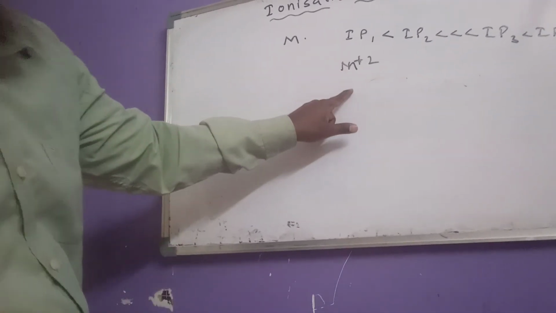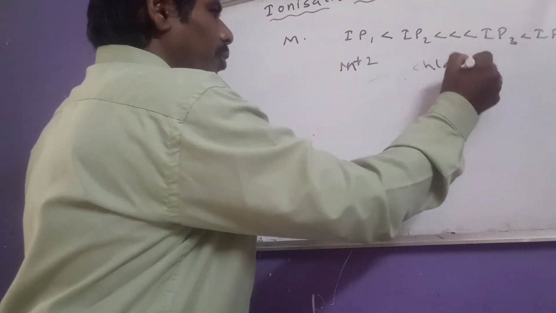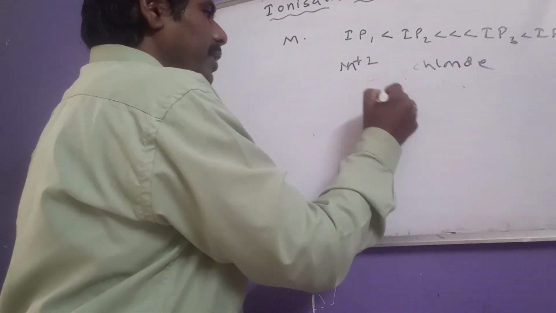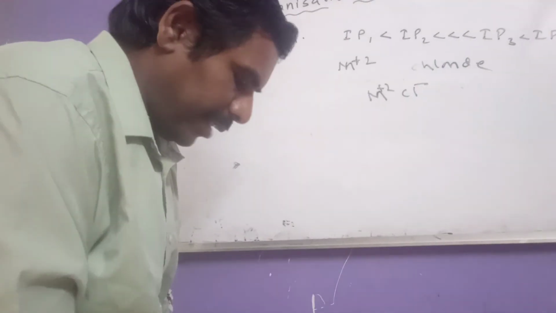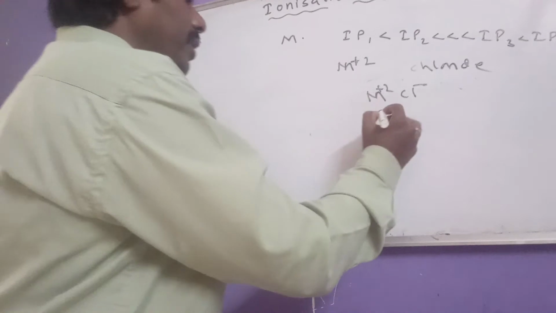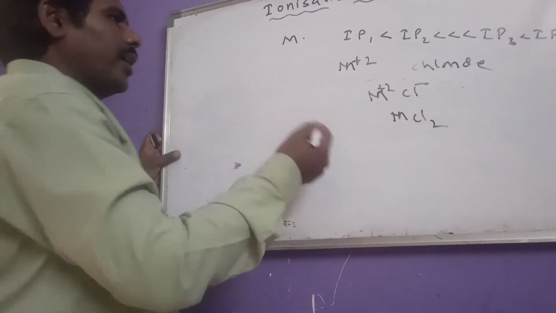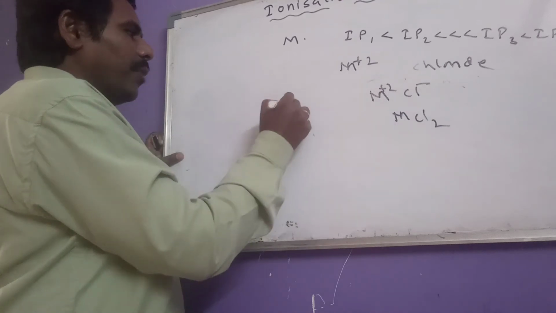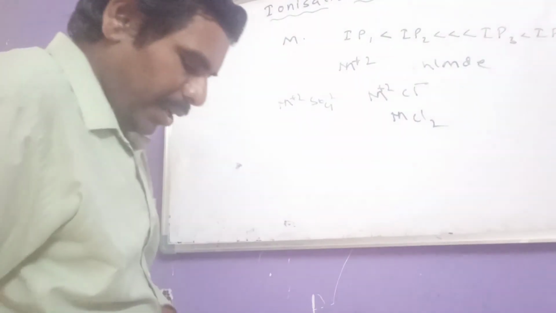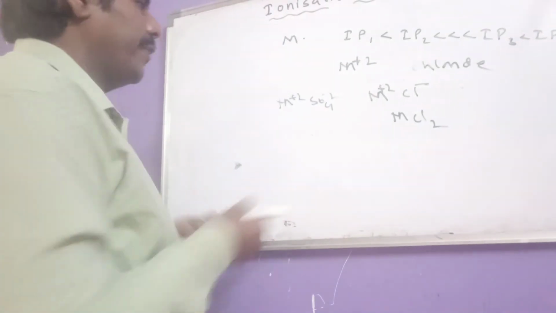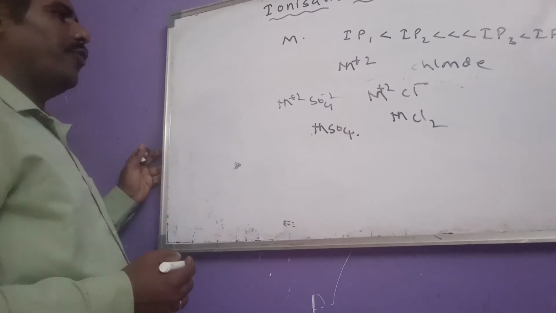Now if M is present in plus 2 charge, what is its chloride formula? Chloride means M plus 2 and Cl minus. Using the crisscross method we can write the formula: MCl2. Its sulfate formula: M plus 2 and SO4 minus 2. Plus 2 and minus 2 charges cancel, so we get MSO4.